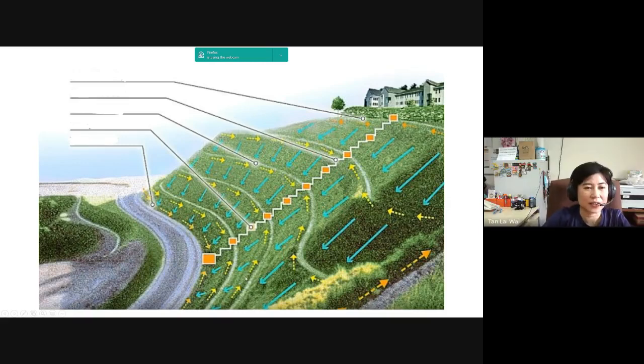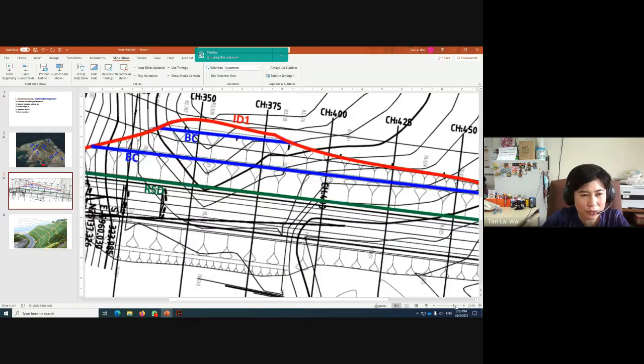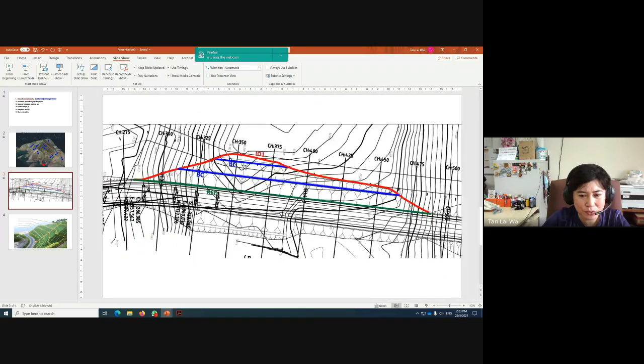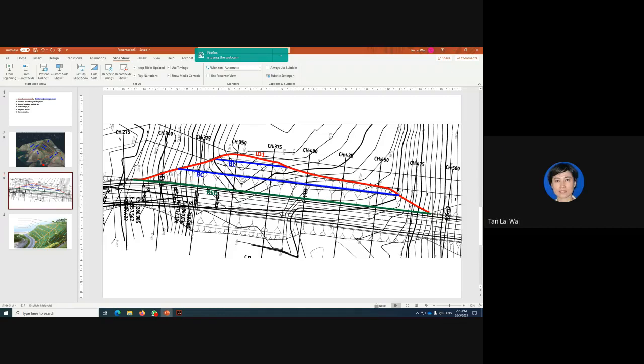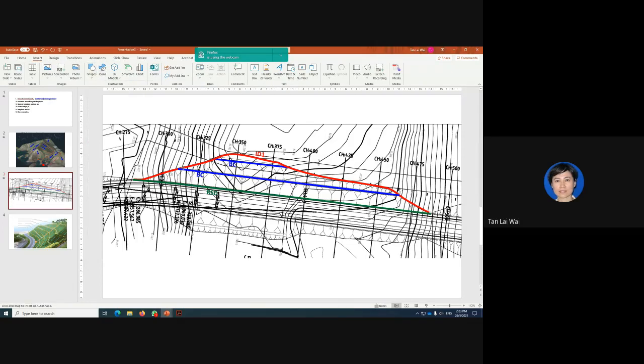All right. Now, let's look at this again. So what I'm going to do is draw it out. Imagine you want to determine the catchment area for BC, which is the bench drain. What I could do is this.